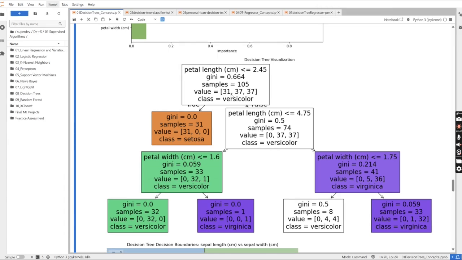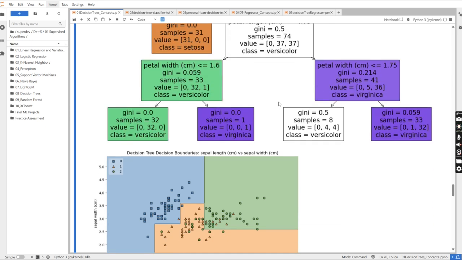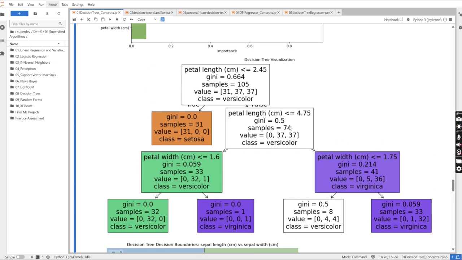It looked at the entropy as well as the information gain, or it calculated the Gini in this case. The splitting criterion was Gini, which is the default. Based on that, it has calculated, and it has also given you the class as well as the values. It took 105 samples initially, and then it split. 31 came here, 37 came here. Based on this, it has made this classification decision tree.